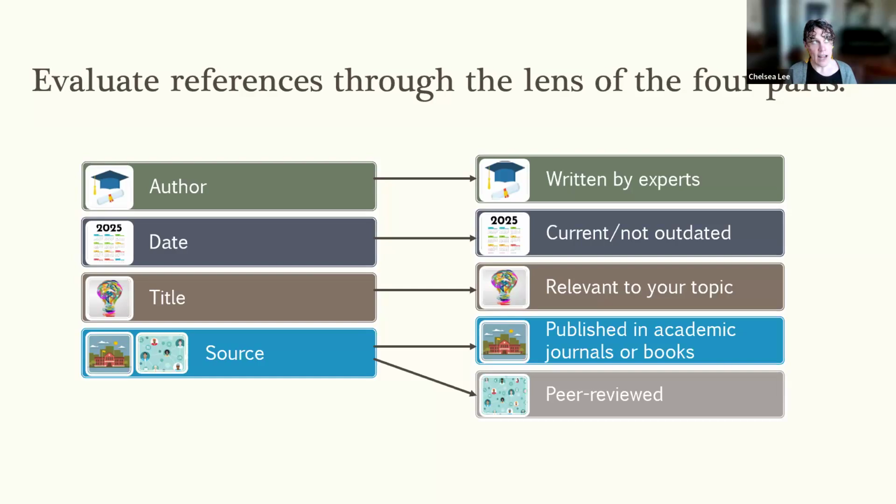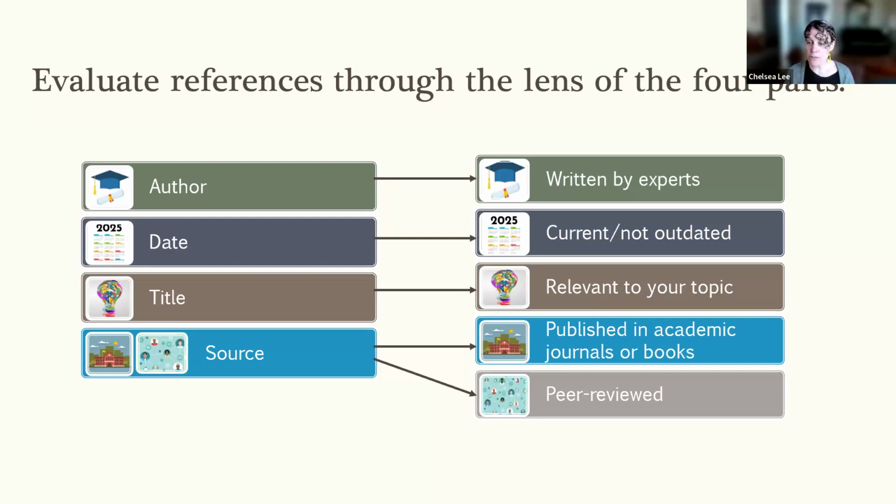And how old the information is and whether it's still current is going to depend on the field. Likewise, titles give you indications of whether the work is relevant to the topic that you're writing about. And source information is going to tell you something about whether it's been peer reviewed.